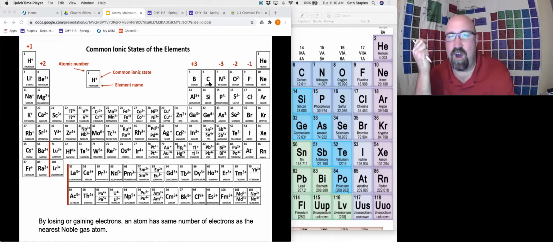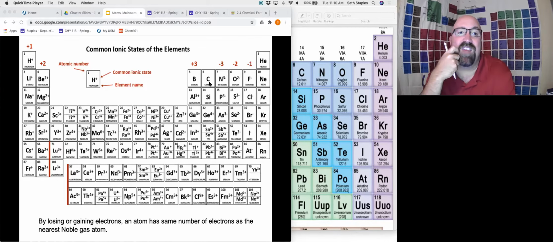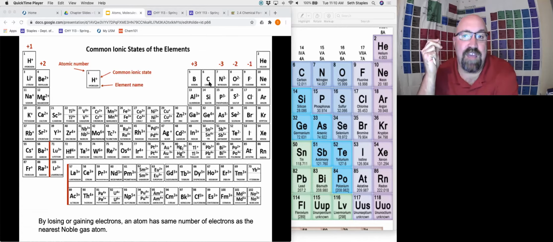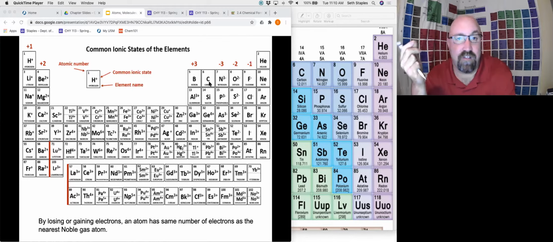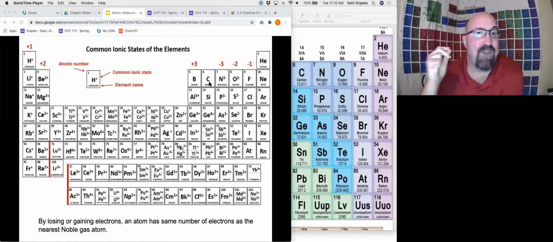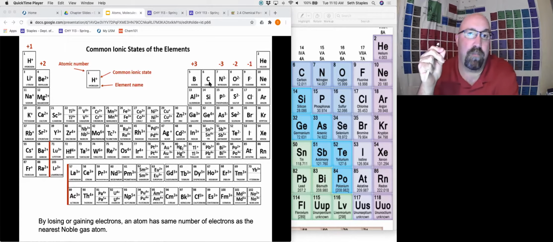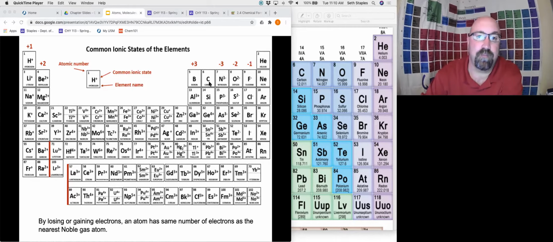Both of those are going to take a lot of energy. So carbon's not going to tend to do either of those things. Carbon, instead of losing electrons to become stable, is going to tend to share its electrons in what we call a covalent bond rather than an ionic bond. And we'll talk more about those later. So we're going to just skip that row for now in our discussion of ions. But now we come over to our group 5.